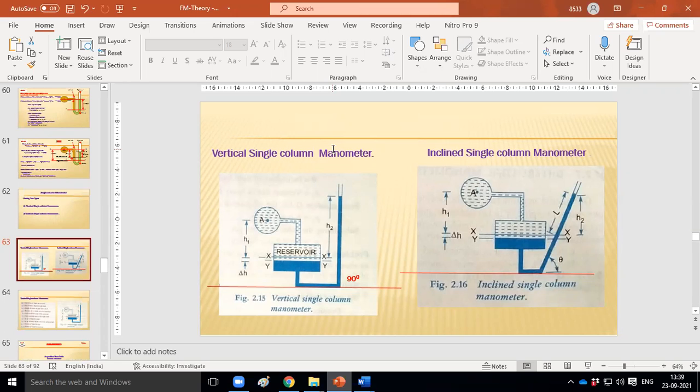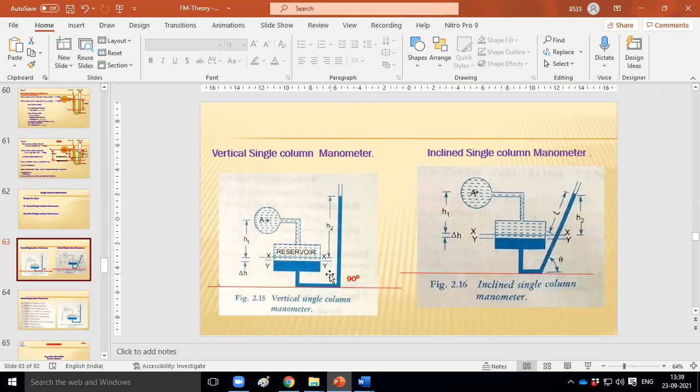In a U-tube manometer, on both sides there is a U-shaped tube. But in a single column manometer, one side is a tube, and on the other side there is a reservoir. See here, the one square box shown is called the reservoir.